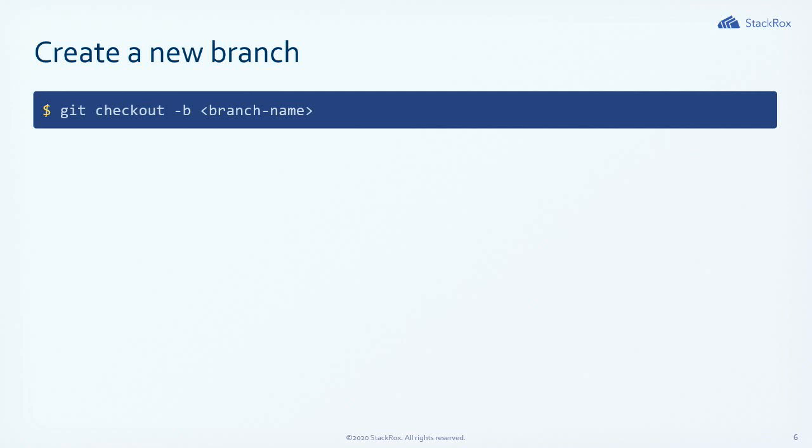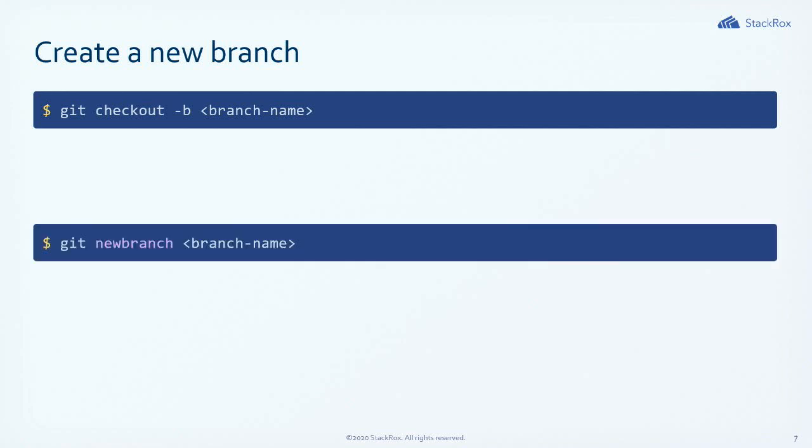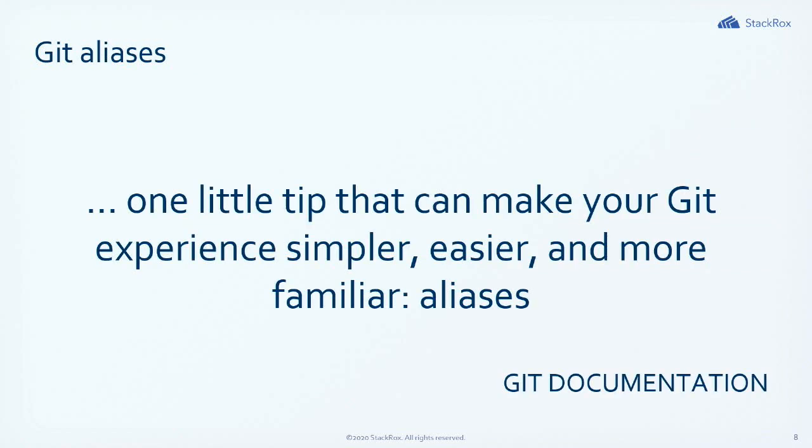But the beauty of Git is you can create your own commands, say git new-branch, to create a new branch. How do you do that? You do that by using Git aliases. Git aliases allow you to use Git commands or other bash functions and turn them into your own commands.